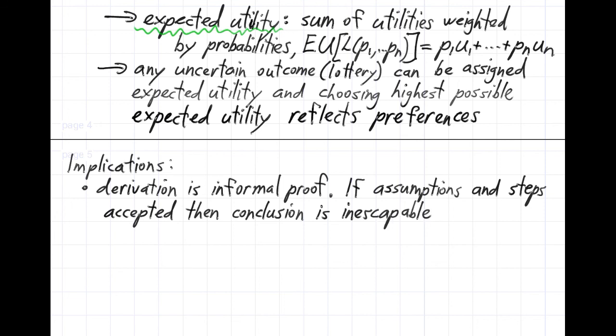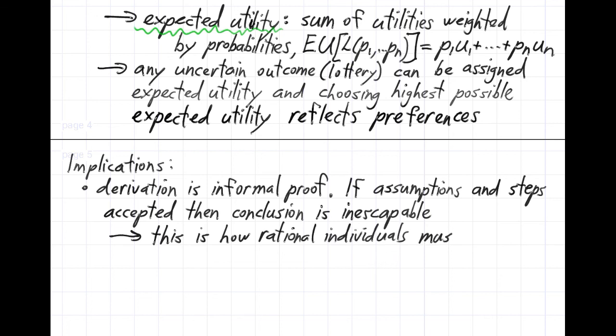So that's a powerful thing to say, that if you accept this argument that I've presented, then it tells us how rational individuals must behave, i.e. how they must make choices in situations like these. And that's kind of cool to me.